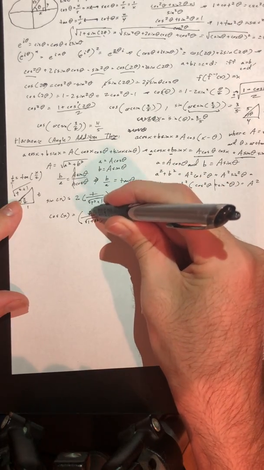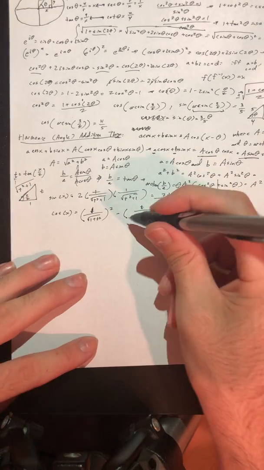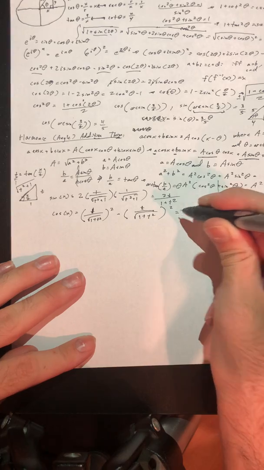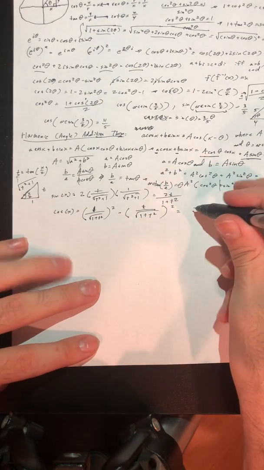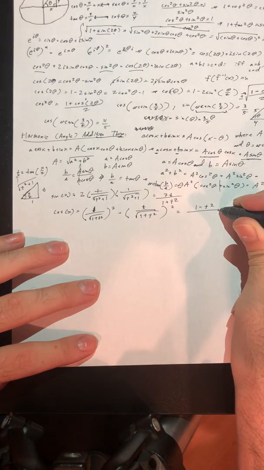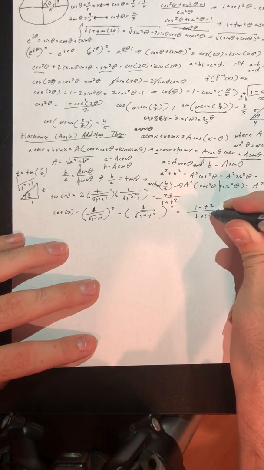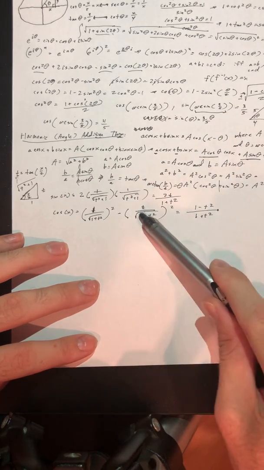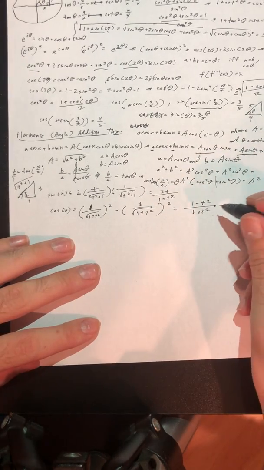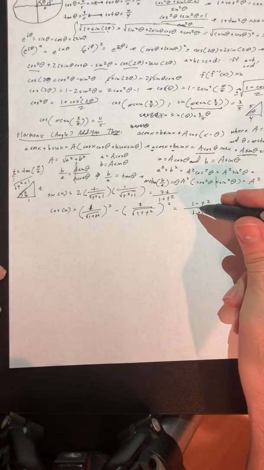Yeah, this should be a 1. This should be a t. This is sine, yeah. 1 plus t squared. So we get, that's equal to 1 minus t squared over 1 plus t squared, right? Because square root squared, same, and then you just have the same denominator. So that's how you would write them, and you get an answer.